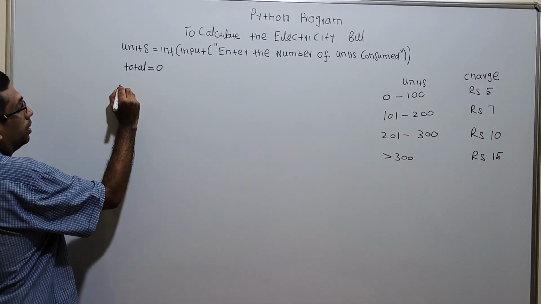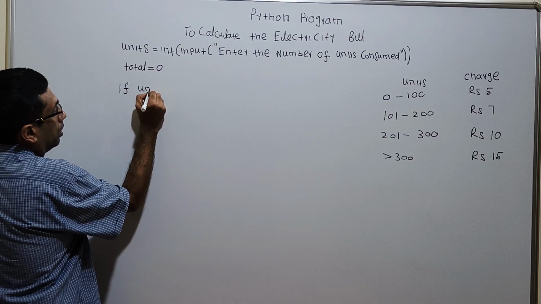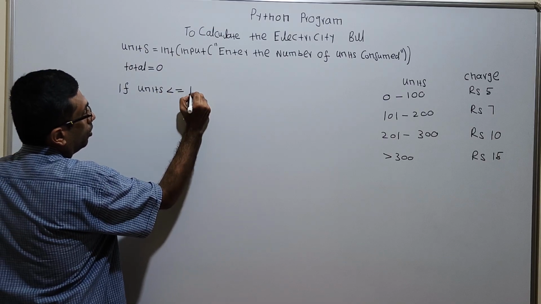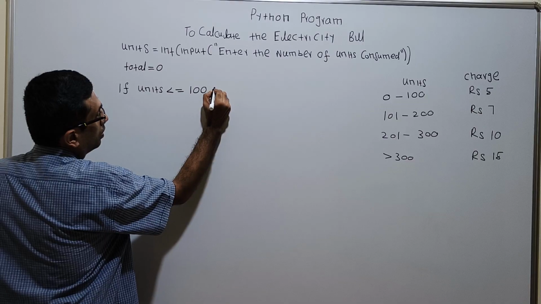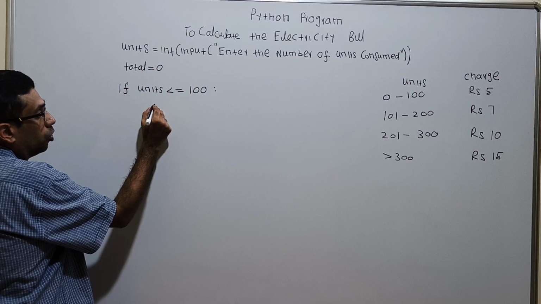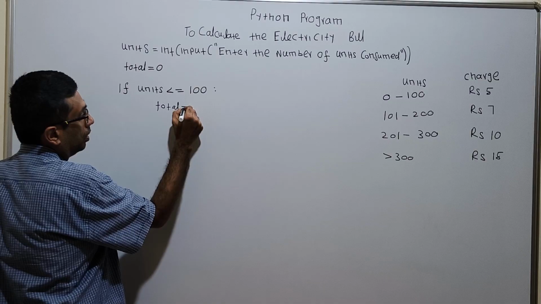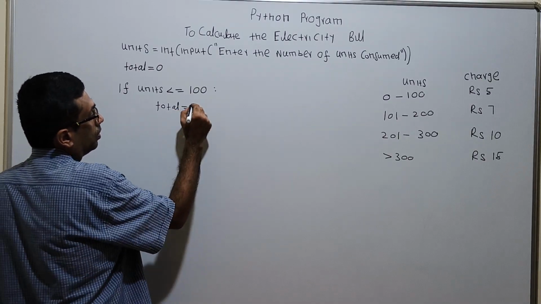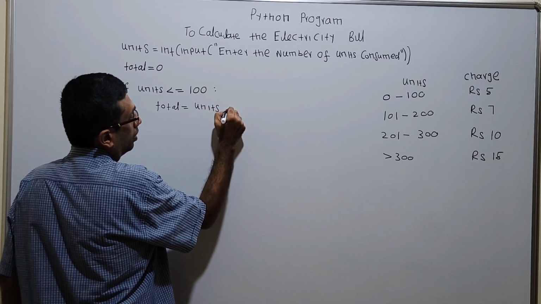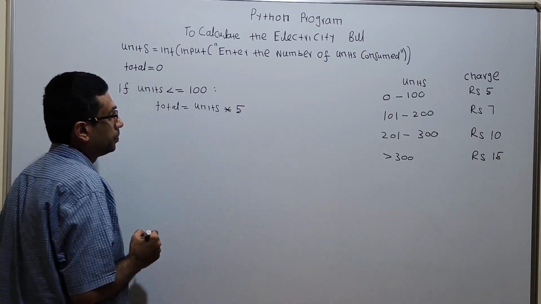I am checking if units less than or equal to 100 colon, given indentation for the scope, total equal to units multiplied with 5.